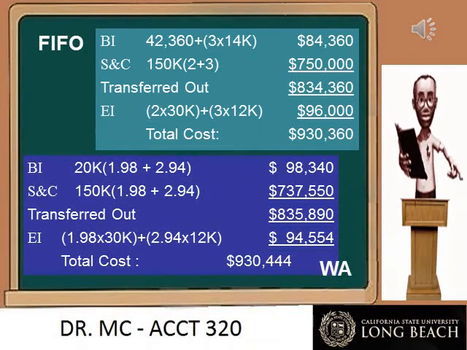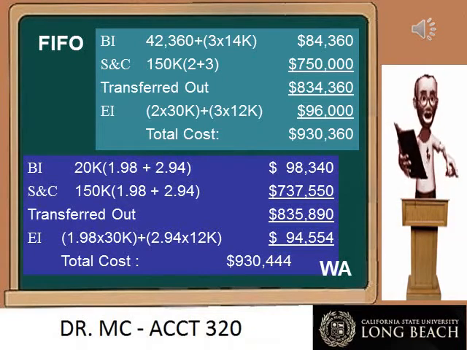With weighted average, a unit costs $1.98 per equivalent unit for direct materials and $2.94 per equivalent unit for conversion costs. So, the beginning inventory's total cost is calculated by multiplying its 20,000 units by $1.98 plus $2.94.